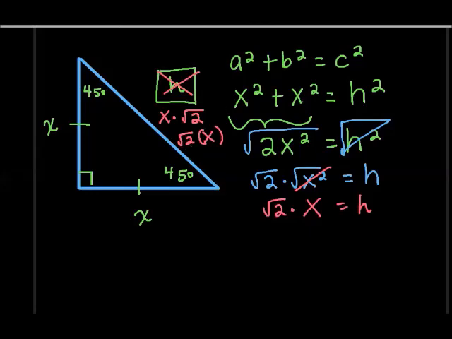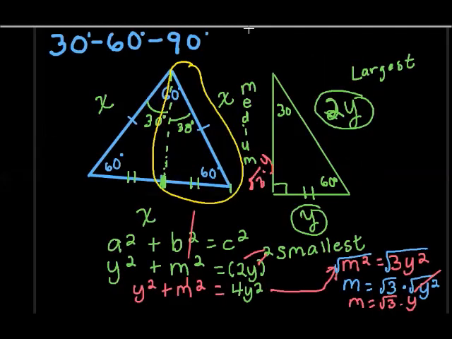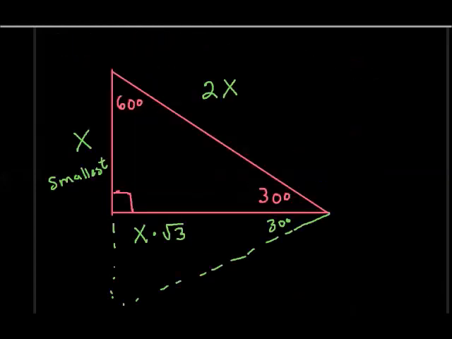If we go back to 30, 60, 90, you'll see that you have a small, a medium, and a large side, 3 different lengths, and that formula uses the square root of 3. I personally think that's pretty neat. It's right here where we can see that better. This is my small, this is my large, my hypotenuse, and my medium, 3 different sizes, square root of 3. And that's the end of this video.